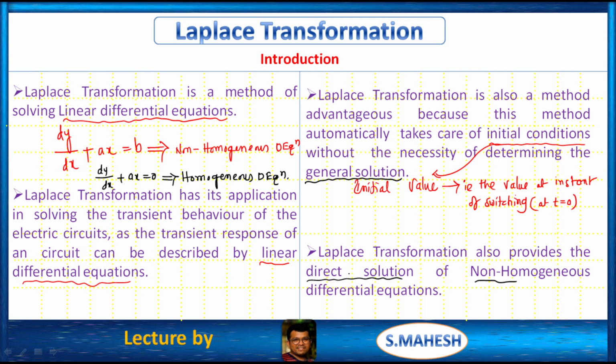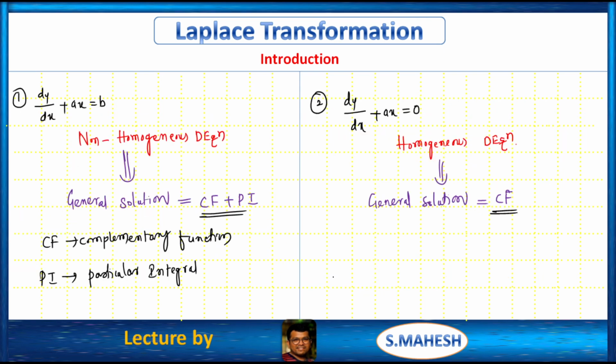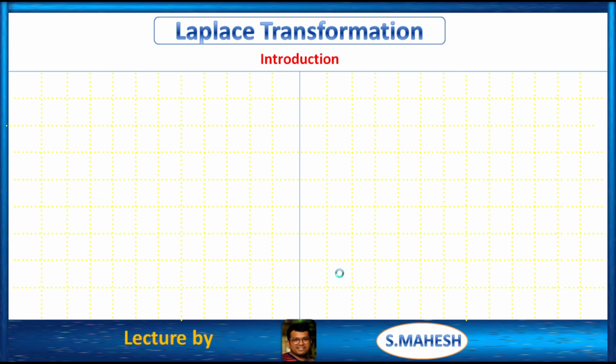We will discuss in detail when we discuss the concept of transient analysis. Here I am providing what I need for that concept, that only I will provide. Okay, next, Laplace transformation representation.